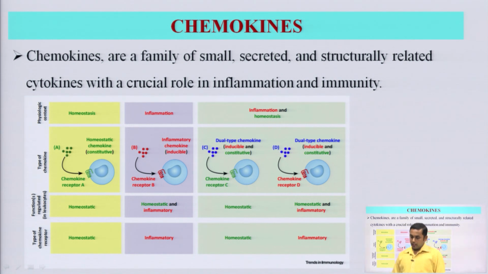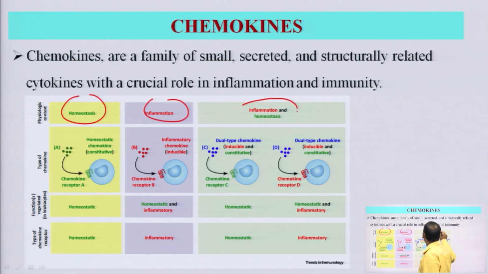And the third one, chemokines, are also one kind of cytokine. They are a family of small, secreted, structurally related cytokines with a crucial role in inflammation and immunity. When a virus attacks your body, homeostasis is disturbed, then inflammation occurs.